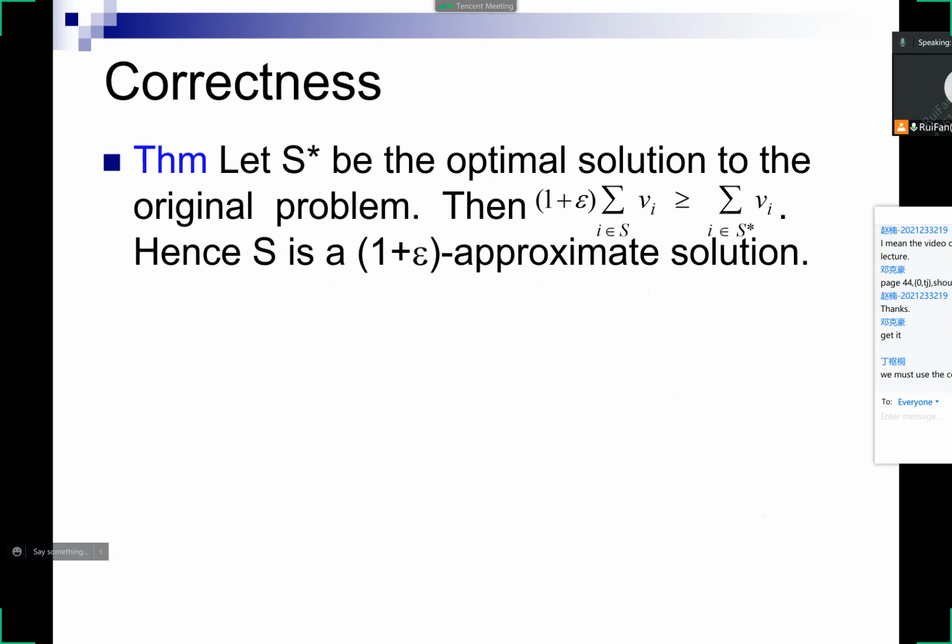So if S star is the optimal solution to the original problem, then if you take our value, based on the solution S, and multiply by 1 plus epsilon, since we're trying to maximize value, that's going to be at least as large as this optimal value. And this means that our solution S here is a 1 plus epsilon approximation. Does that make sense?